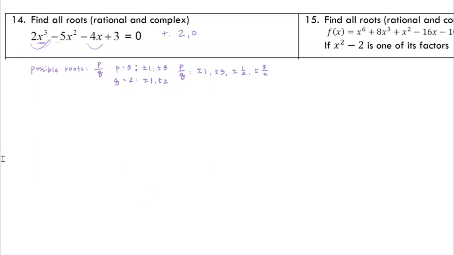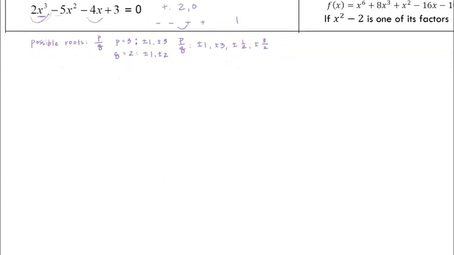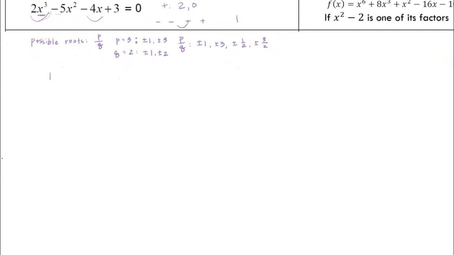If I wanted to do the negative, it'd be a negative and a negative and a positive and a positive, so just one sign switch. Okay. So since there's more possibility of having 2 positives, I'm going to try a positive 1. Let's try a positive 1.